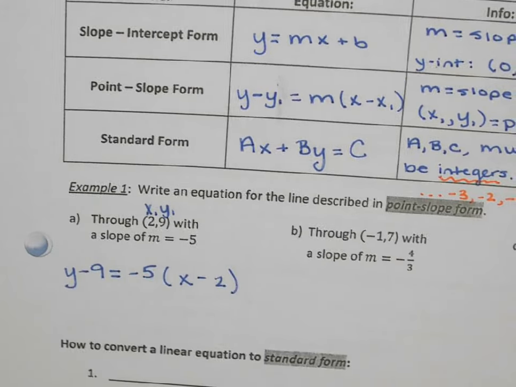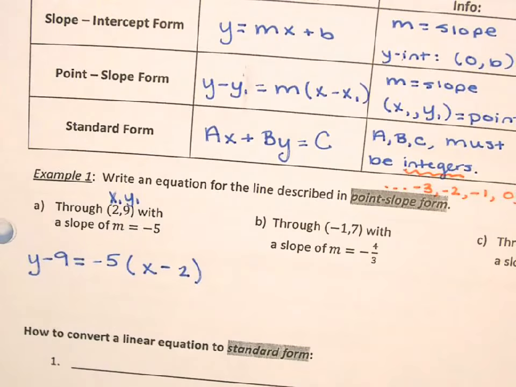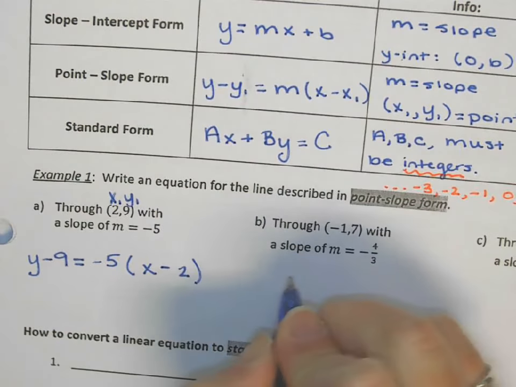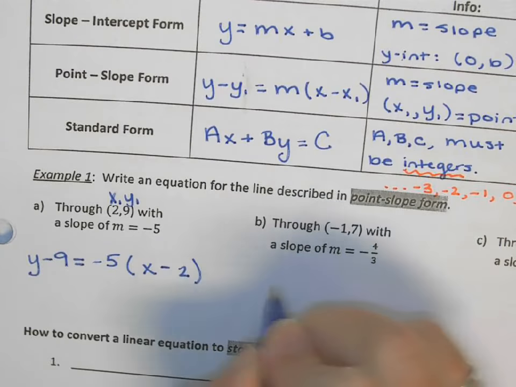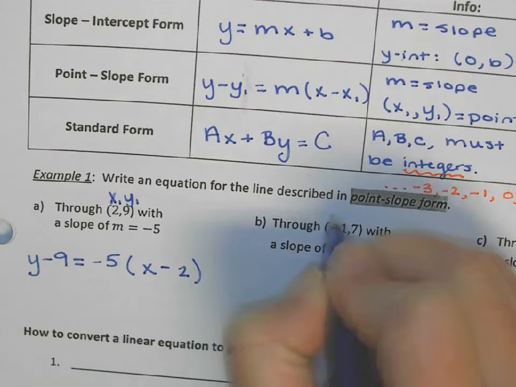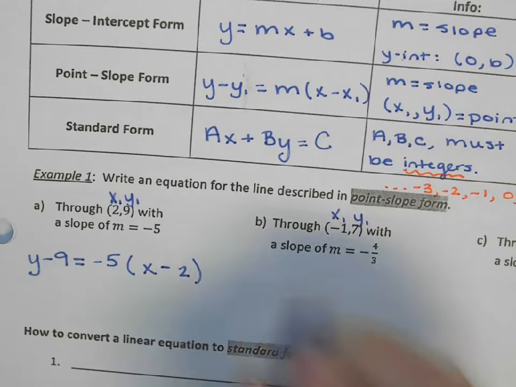B. Yes. Okay, go for it. So x1 is -1. Uh-huh. Then y1 is 7. This is y1, yep. And then it'll be y minus 7.